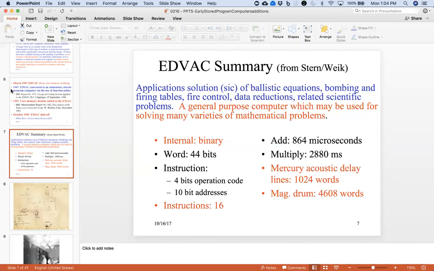So you see here that the word size is 44 bits. What this means is that you could represent any integer up to 2 to the 44th power minus 1. Now, it actually turns out to be 2 to the 43rd power minus 1 because most computers use what's called 1's complement to manage the unit of storage. So 1 bit would be reserved for the sign, which is minus 1 or 1.